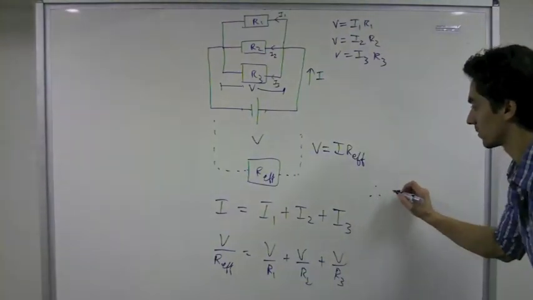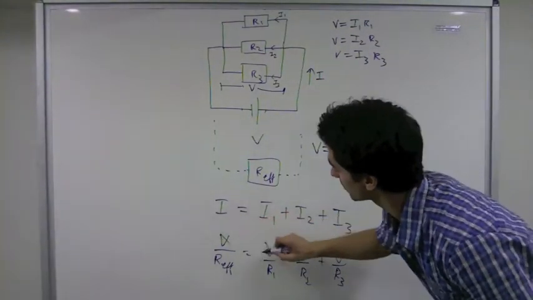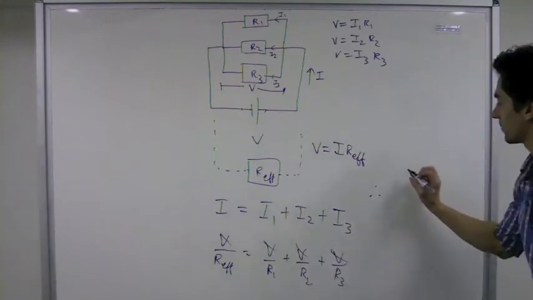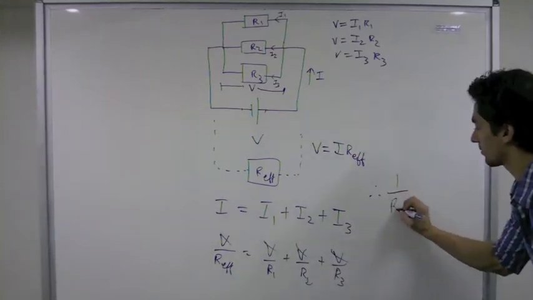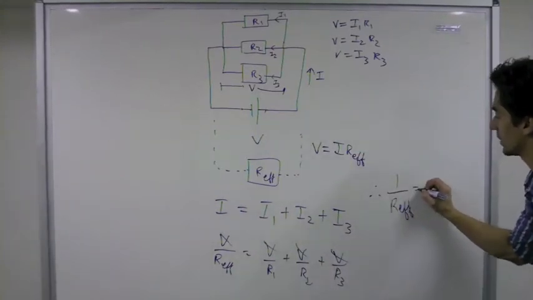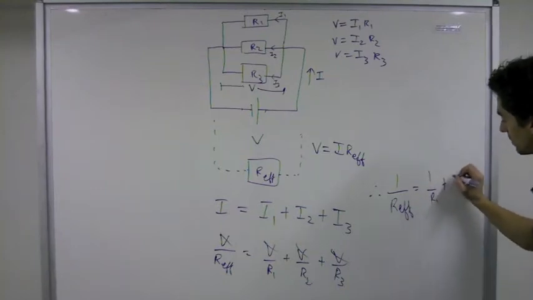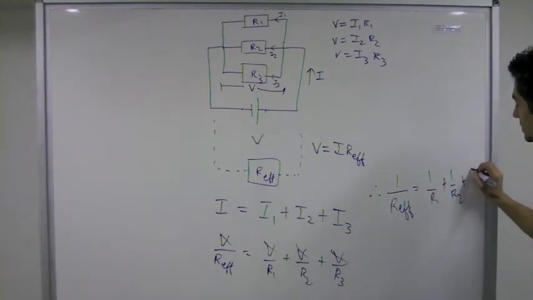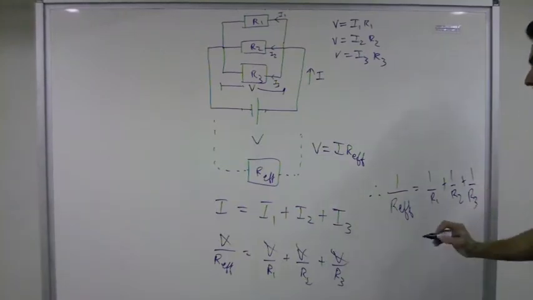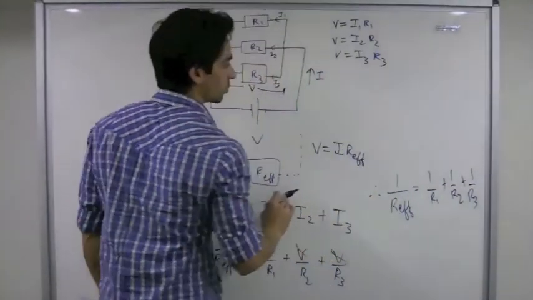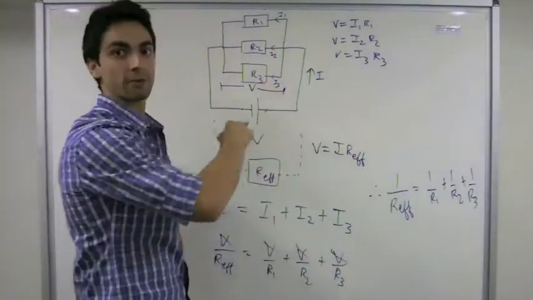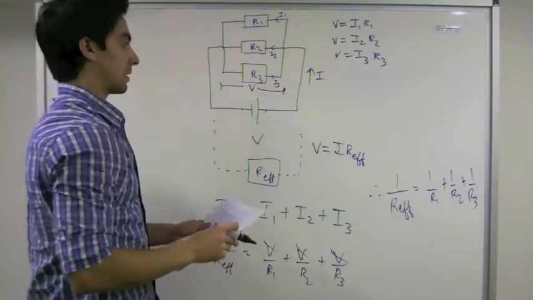So I just have to cancel out the V's. I have 1 over R effective equals 1 over R1 plus 1 over R2 plus 1 over R3. Okay? So this holds true no matter how many resistors I have connected in parallel.